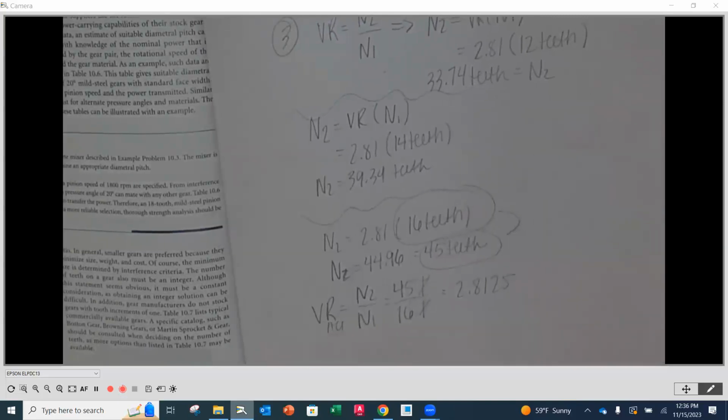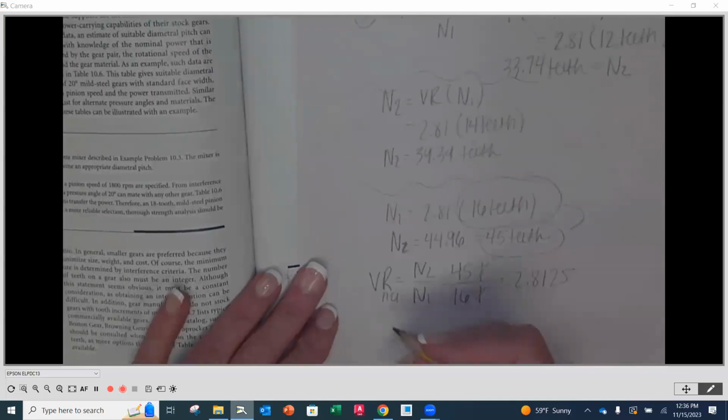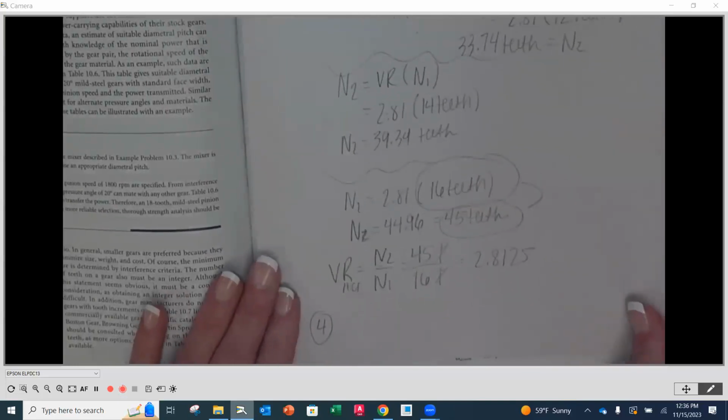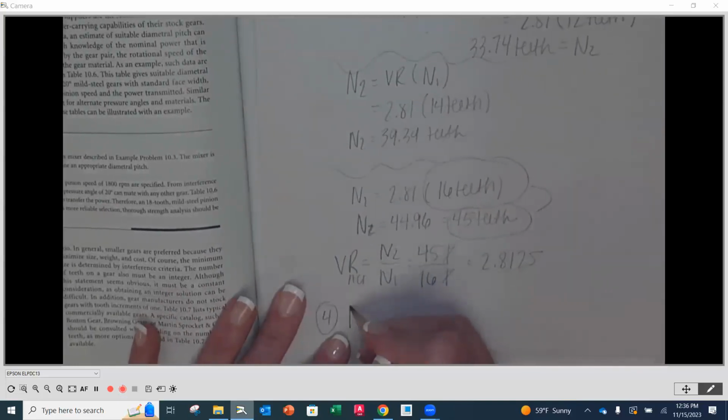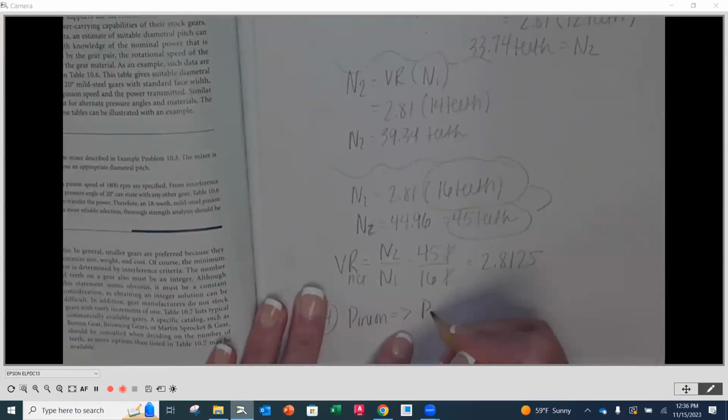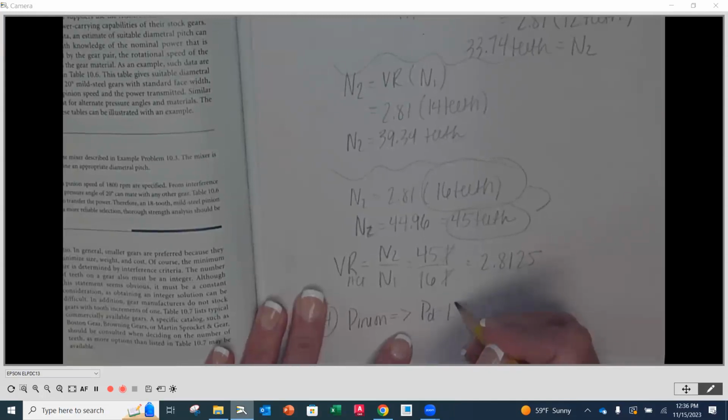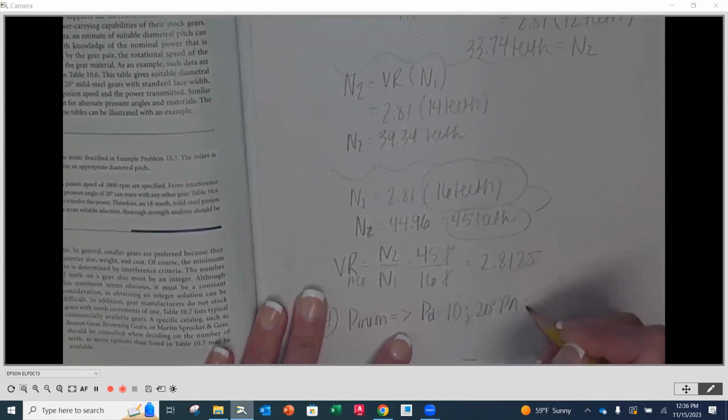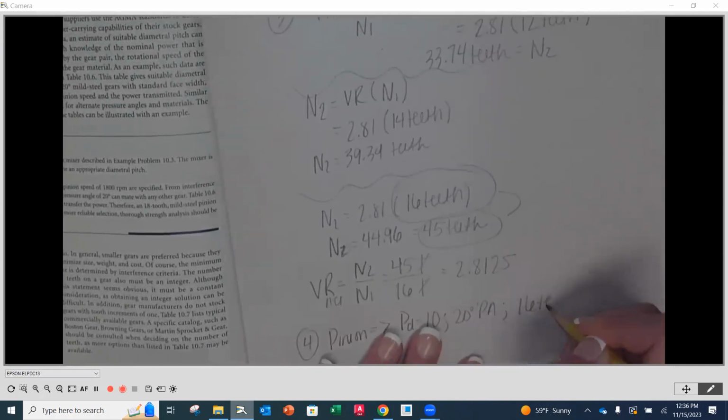Now, to call this a set of gears, what we need to do is, step number 4, we're going to have a pinion, and it's going to be a diametral pitch PD equal to 10, 20-degree pressure angle, and 16 teeth.